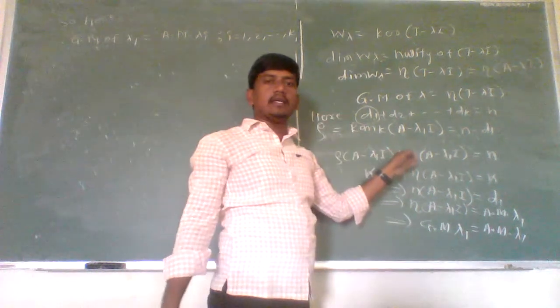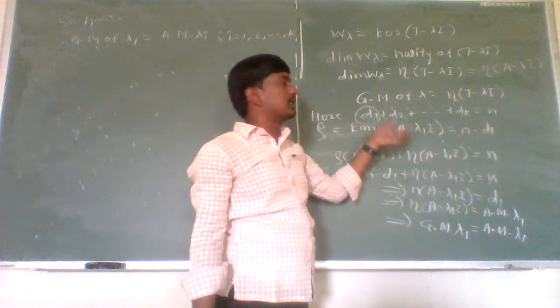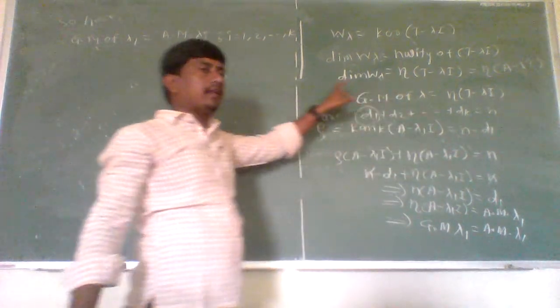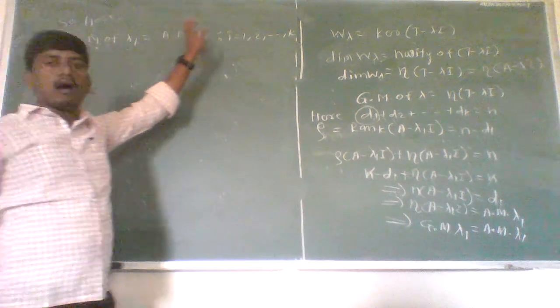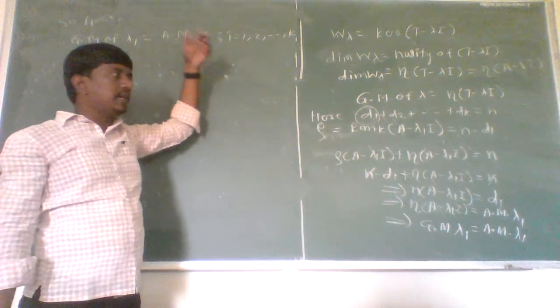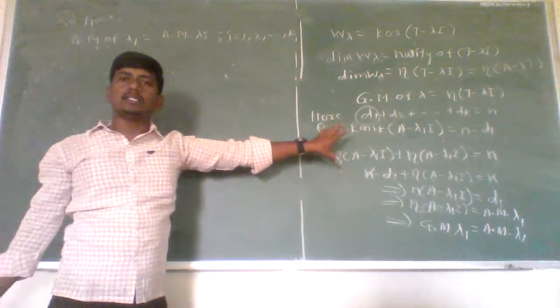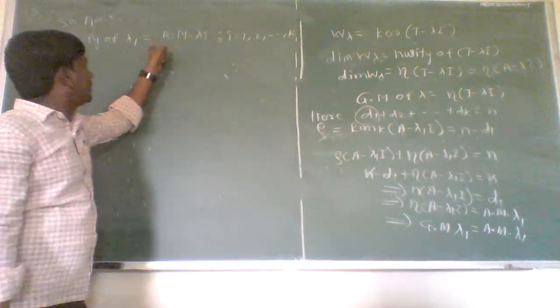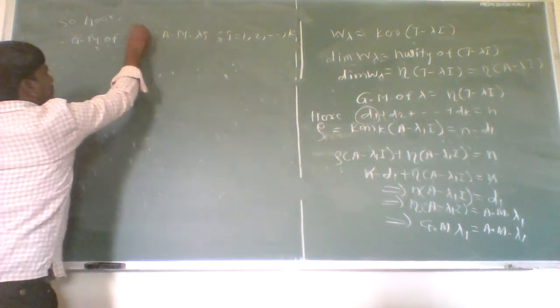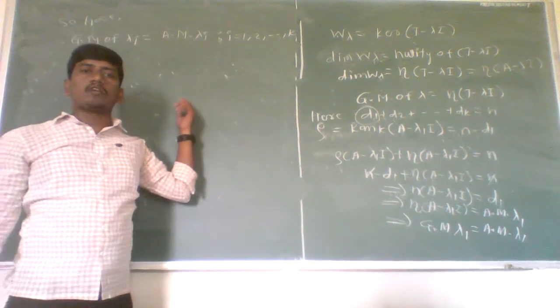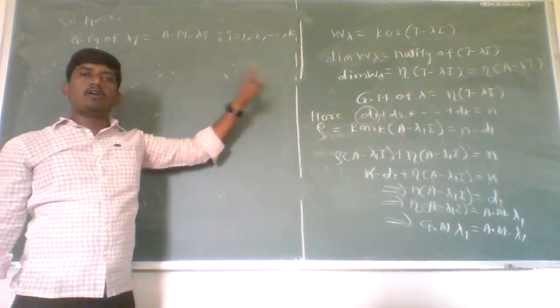So if any operator T is diagonalizable, then the geometric multiplicity of each eigenvalue will be equal to its algebraic multiplicity. Then only the given linear operator T is diagonalizable. If the geometric multiplicity of some lambda i is not equal to its algebraic multiplicity, then the given linear operator is not a diagonalizable operator.